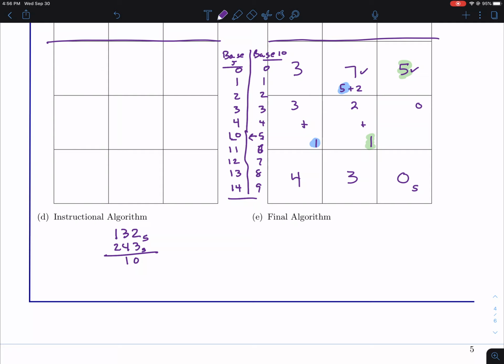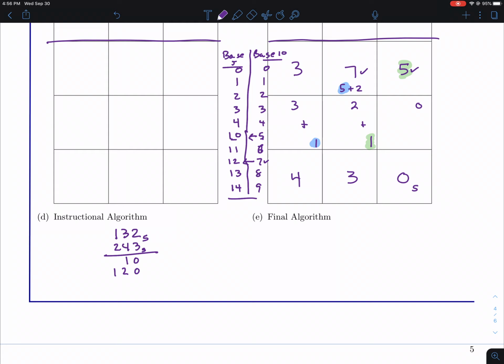Same thing, when I add 4 plus 3, in base 10 that's 7, but I want my answer in base 5, so that's going to give me a 12. So I'm going to write a 1, 2, and a 0, because again I'm adding something in the 5s column.